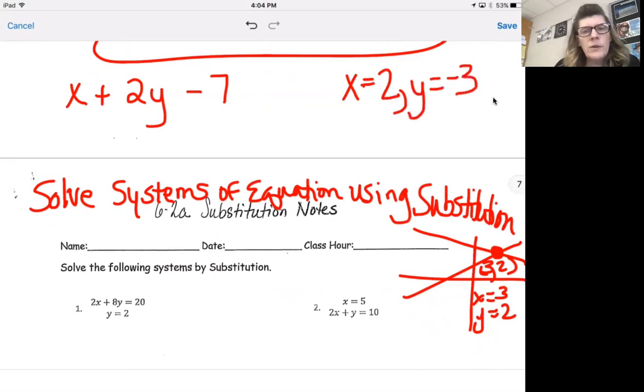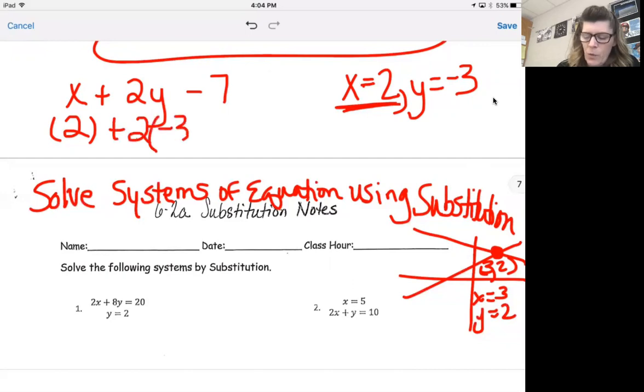Well, how would we do that? We would actually plug 2 in place of the x. So we'd put 2 in right here, and then we would put -3 in for the y. And then we would use PEMDAS in order to solve this.